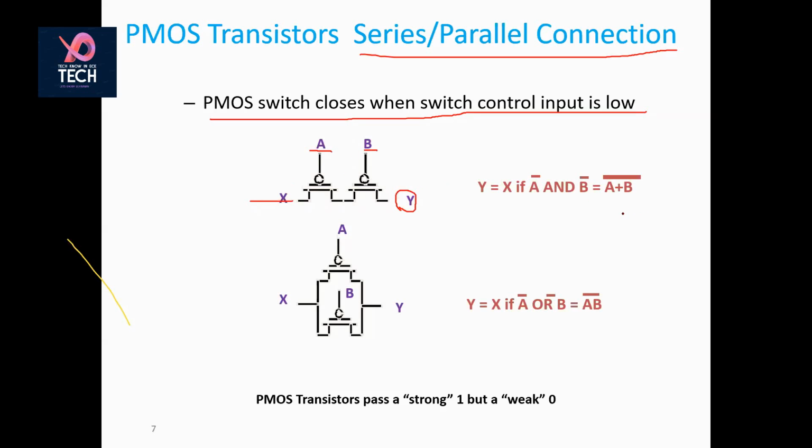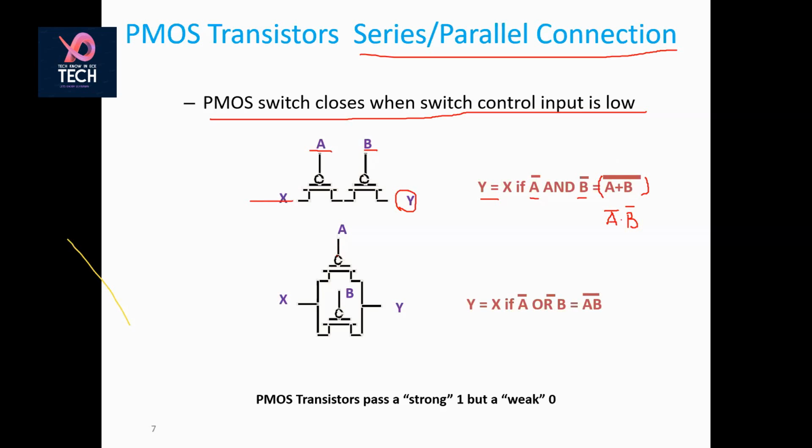So it can be written as Y is equal to X if A bar and B bar is there, or we can say it can be written as (A plus B) bar. This is De Morgan's theorem. So if this thing exists, then only Y is equal to X. Now about the parallel connection.